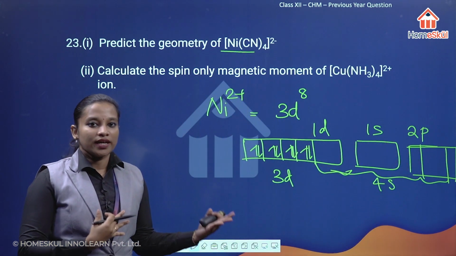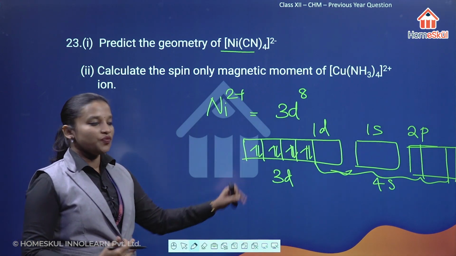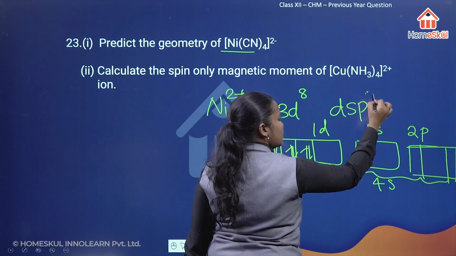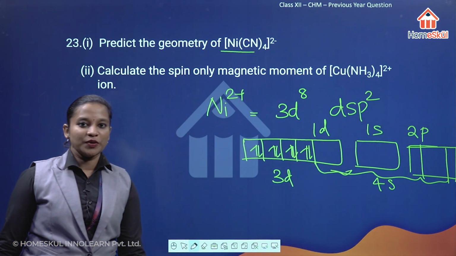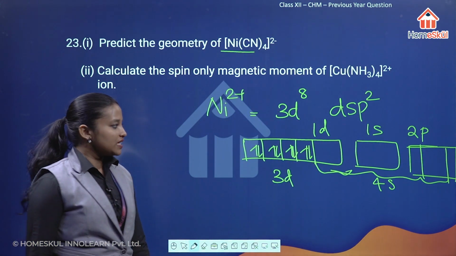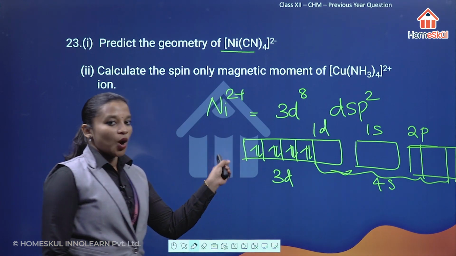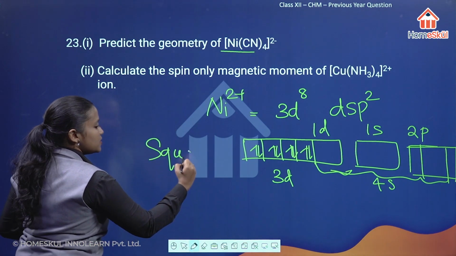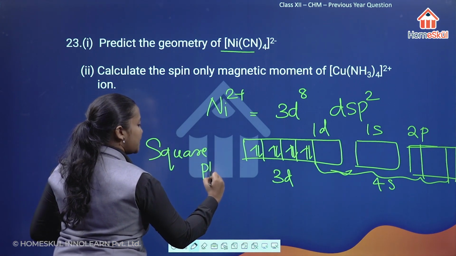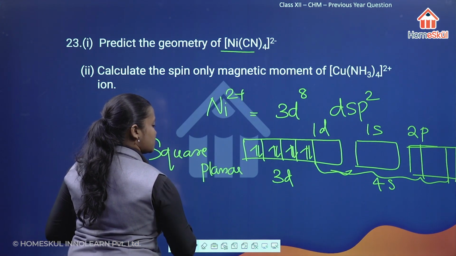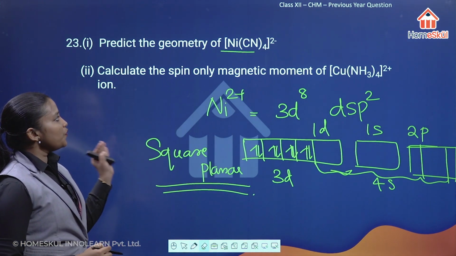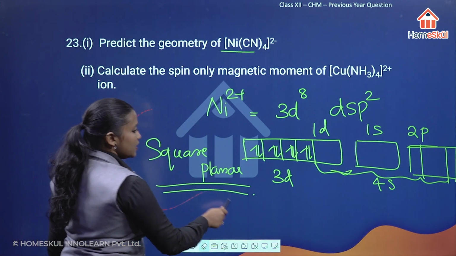So the corresponding hybridization will be dsp2. dsp2 hybridization. And what will be the geometry? It is a square planar species. Square planar species. Okay. Now, moving on to the next question.